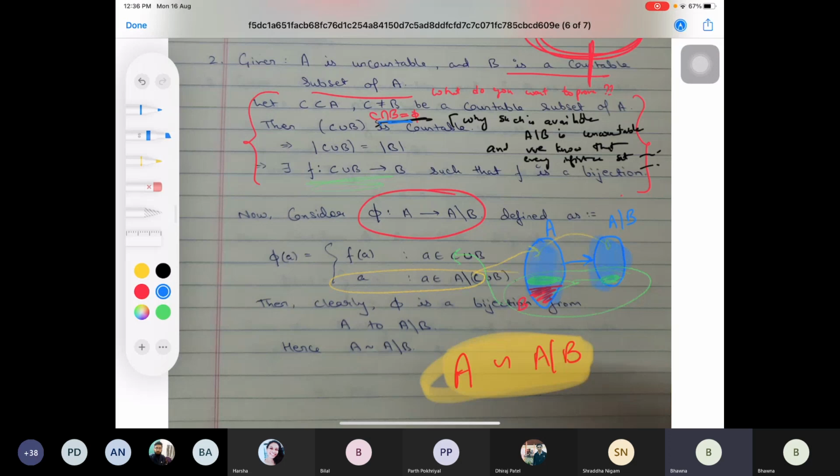You see, from A to A minus B, there is a complete loss of B. So I need to deal with the loss of B. I want to create a map so that this B does not create trouble. So I will take something from A minus B which is countable.